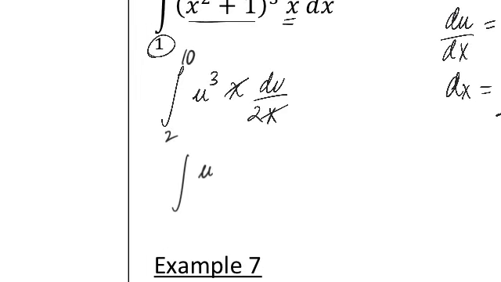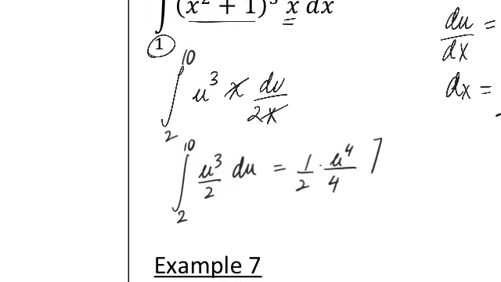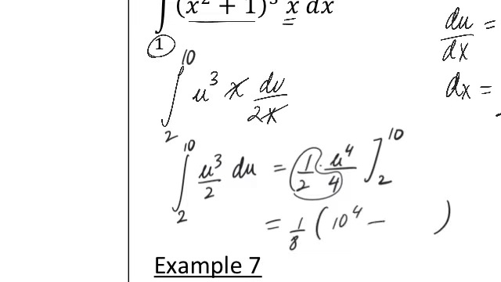So now I get u cubed over 2 from 2 to 10 du. And so my antiderivative is 1/2 times u to the 4th over 4 going from 2 to 10. And that is 1/8, and recognize that you can pull this out when you're doing the subtraction of the top and the bottom. So 1/8 times 10 to the 4 minus 2 to the 4.